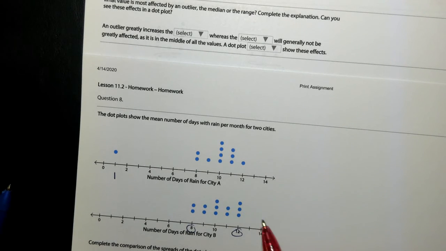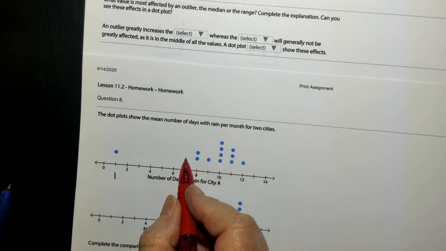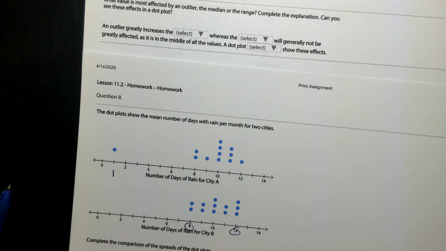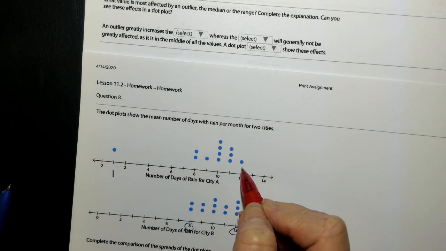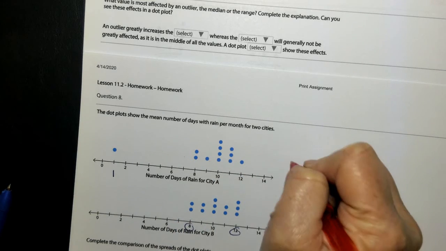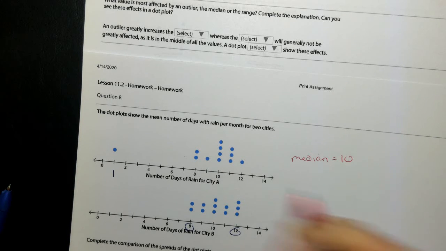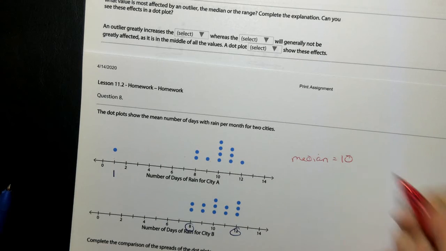Whether this number is 1 or 7, it is not going to change the median, which is on the 10. So the median is 10. And if this outlier is 1 or 7, that's not going to change it because it's still just the lowest number.